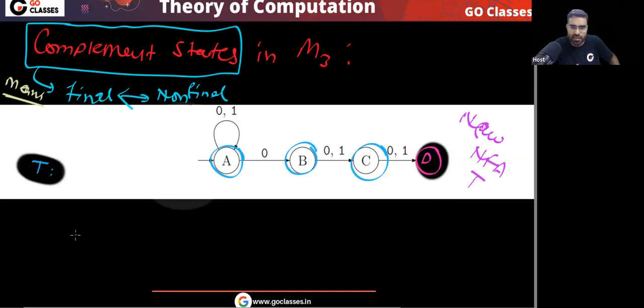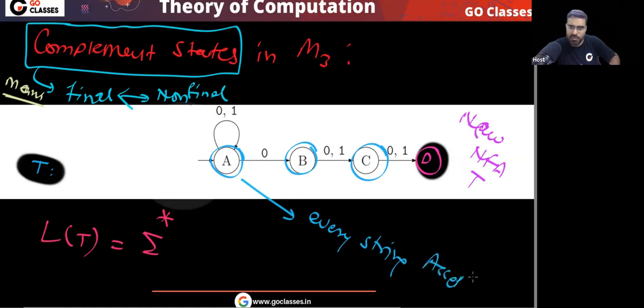Can anyone tell me? The language is sigma star. If you notice, every string is accepted. That is your sigma star. In this machine, you can accept every string.